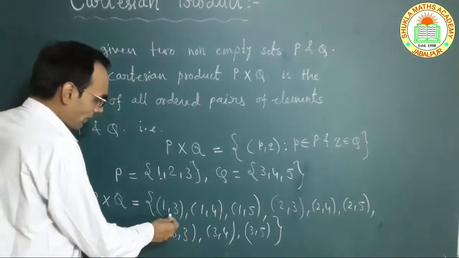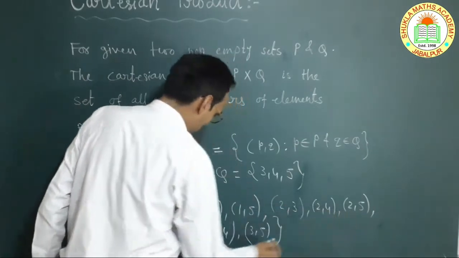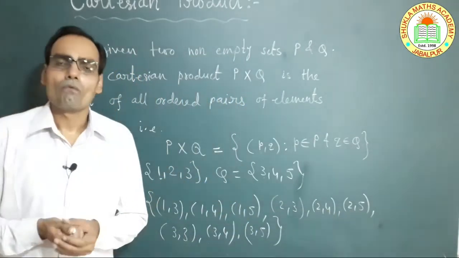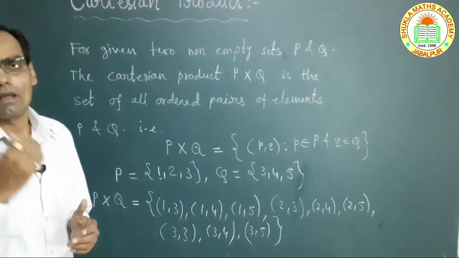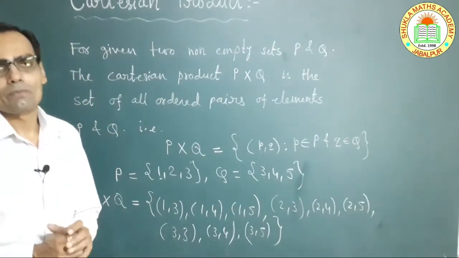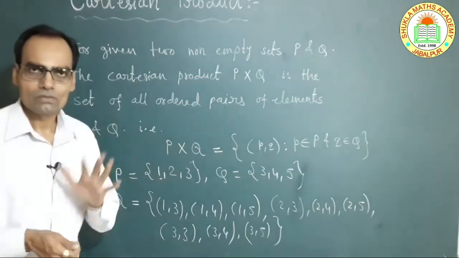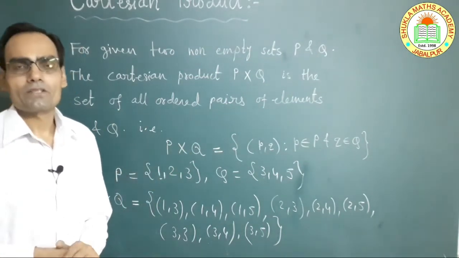Now count them: 1, 2, 3, 4, 5, 6, 7, 8 and 9. So we can easily find the total number of elements in the Cartesian product by multiplying the number of elements of P and Q. So this is the concept of Cartesian product.